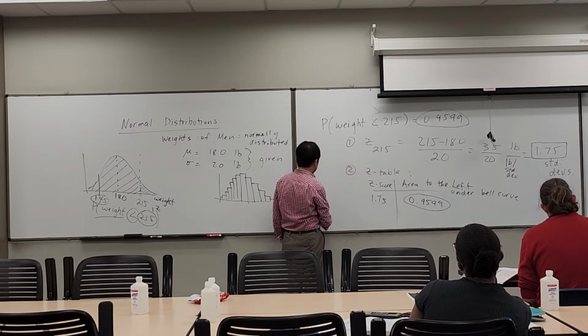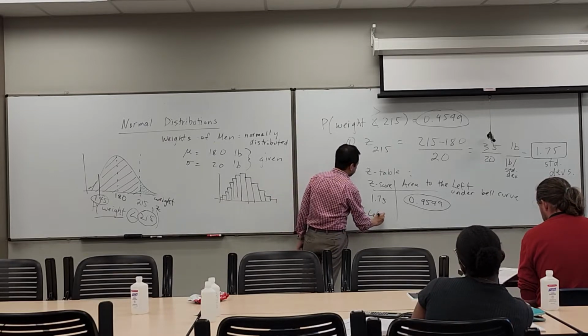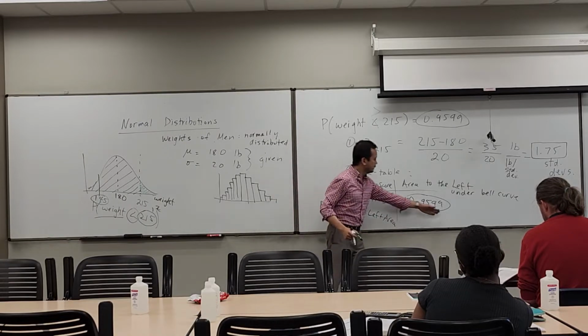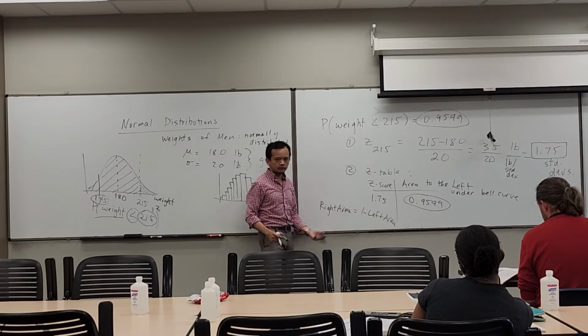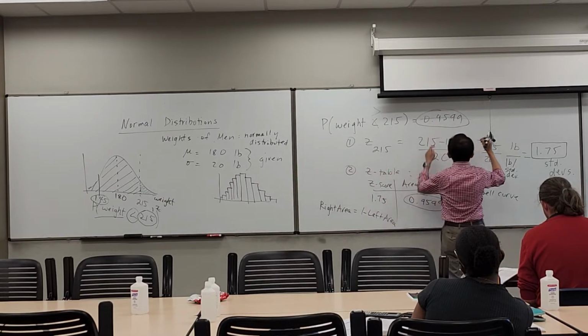So a right area under the bell curve is 1 minus the left area. So this answer that we get from the table representing the left area, we just subtract from 1 to get the right area. So this answer will be 1 minus this number.